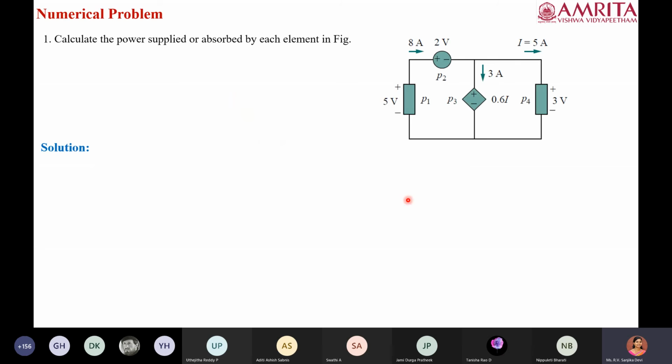Next, we will move on to the numerical. Here the circuit is given and you have to compute the power supplied or absorbed by each element. So you can copy the question.